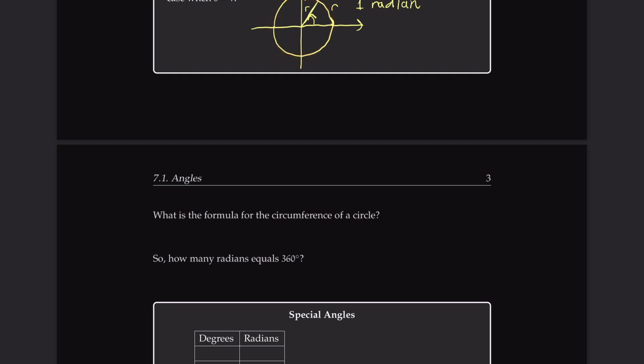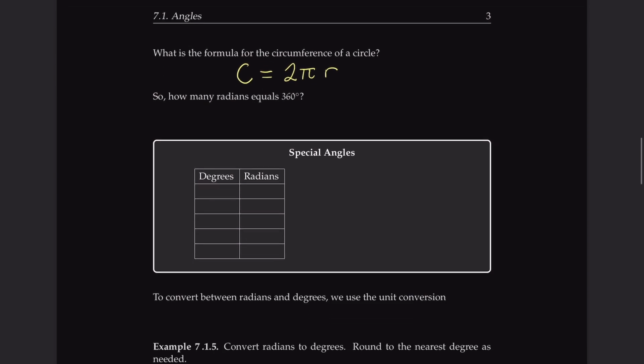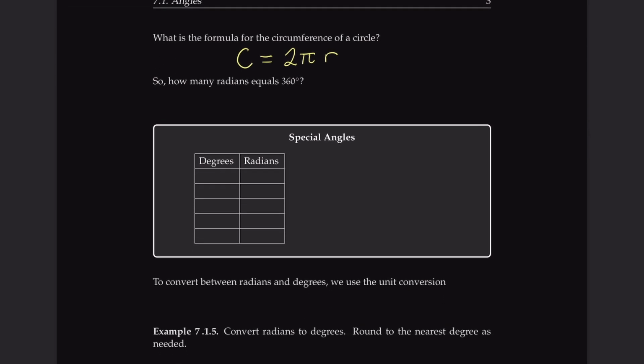We say that the circumference C is 2 pi times the radius. And so one way to think about this is that the length all the way around a circle is 2 pi radians, right? And so how many radians equals 360 degrees? We can say that 360 degrees is 2 pi radians. And that leads us to a way to convert back and forth between radians and degrees.